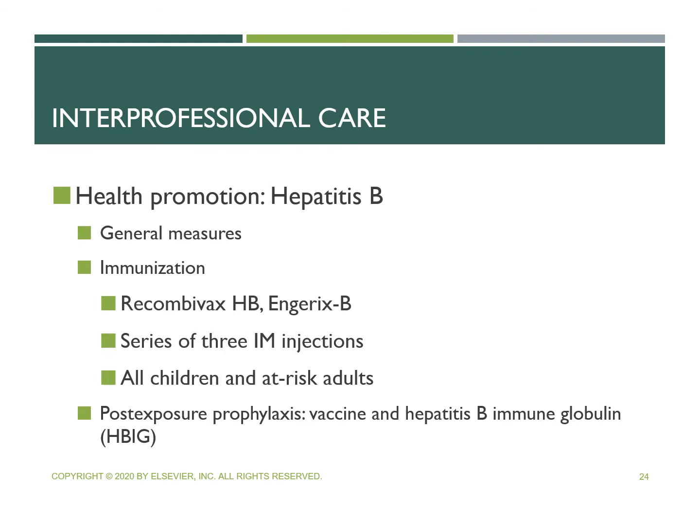With hepatitis B, you want to identify those who are at risk and vaccinate. Immunization is a series of 3 injections, for all children and at-risk adults. And there's also post-exposure prophylaxis for hepatitis B.